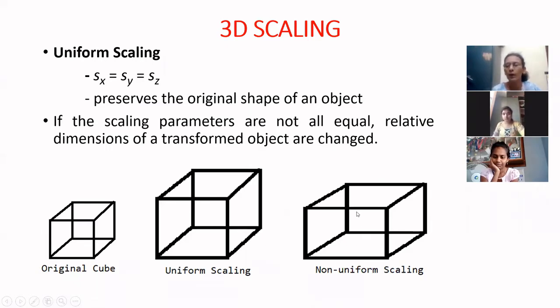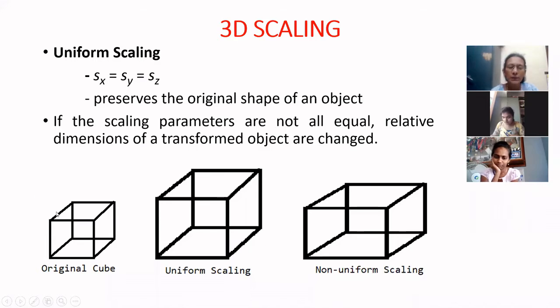Now you see this third figure which gives you the non-uniform scaling. X is scaled by 2, whereas y is scaled by 1.25, and z is again scaled by 1.3.